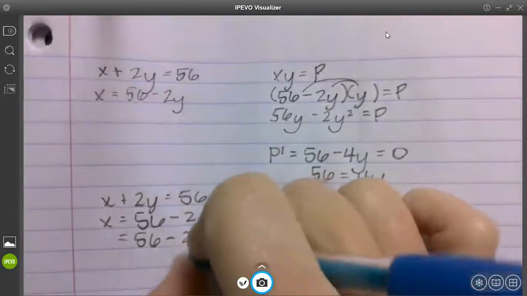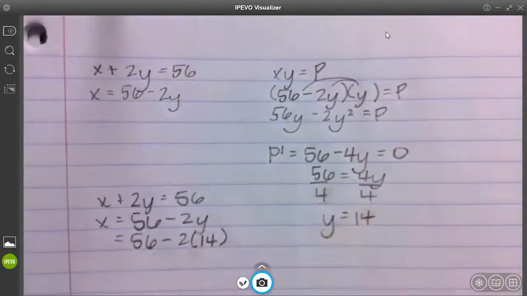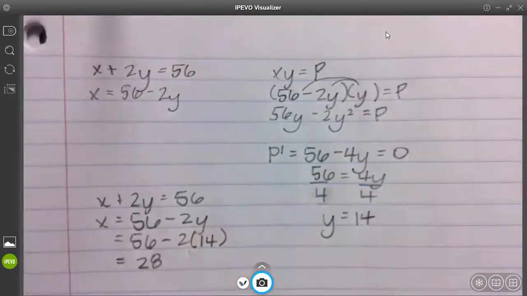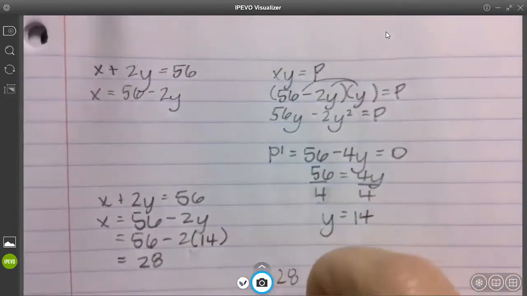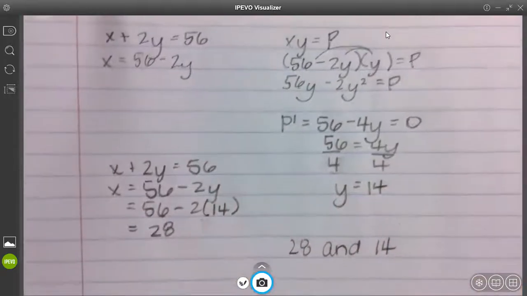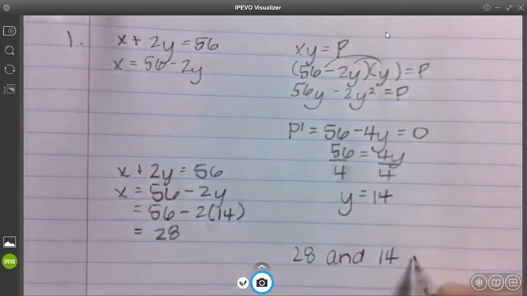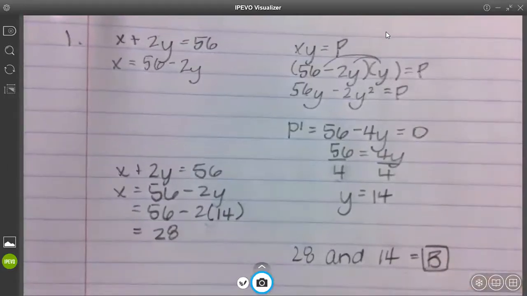We're going to plug in y right there, and we're going to get 14 in there. When we finish it out, we get 28. So your answer should be B, 28 and 14. So again, number one should be B.